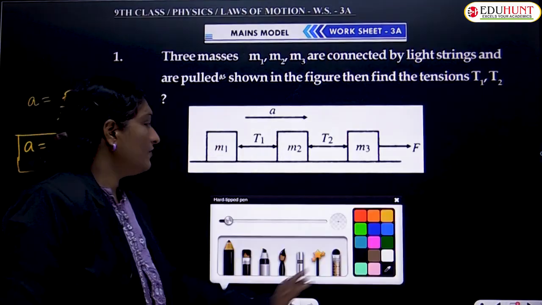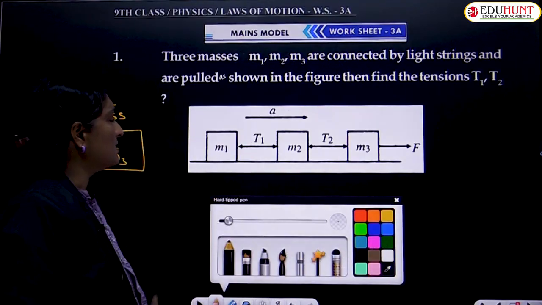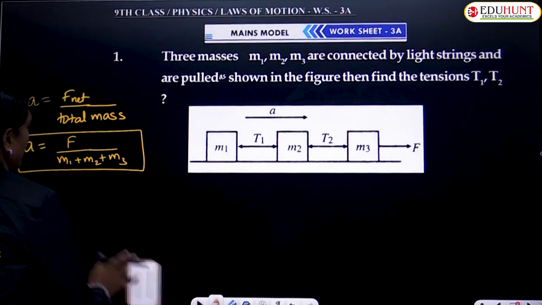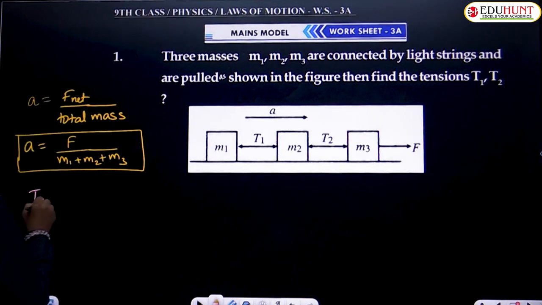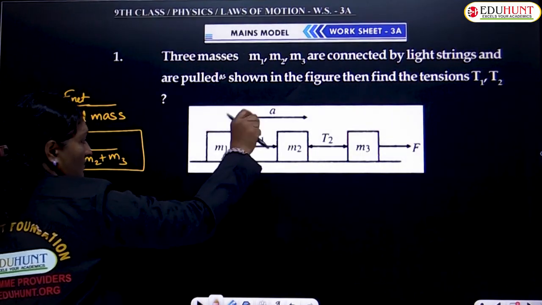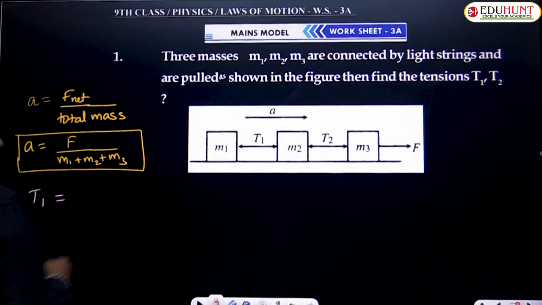But you are asked to find the tension T1 as well as T2. If you observe the picture carefully, because of this tension in the string, the mass M1 is being pulled. Hence, the value of tension T1 is equal to this tension. This tension is a force applied on mass M1, which is being pulled with some acceleration a.